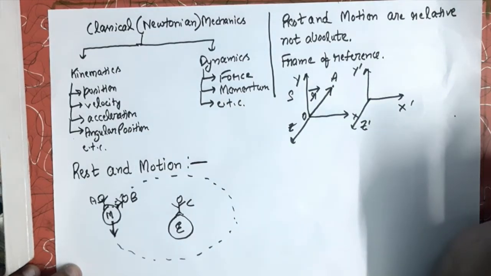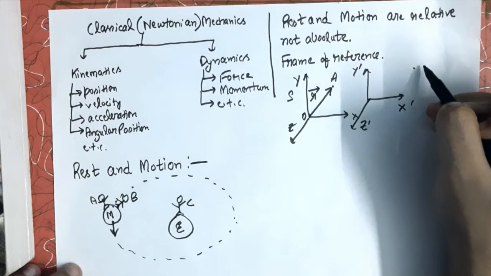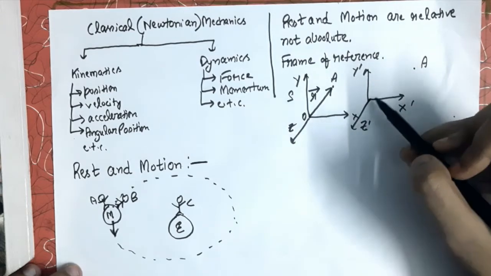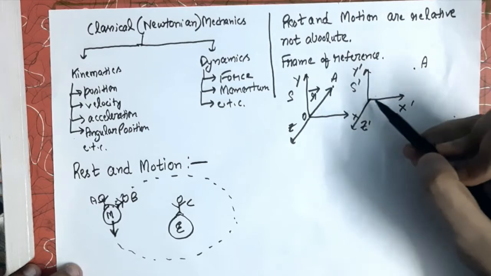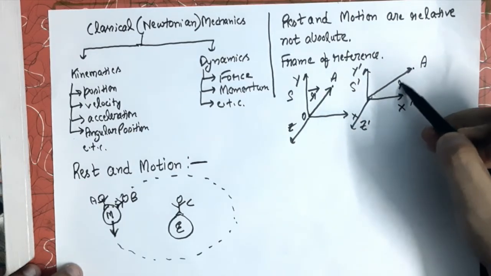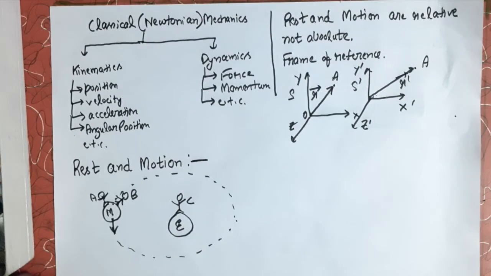Suppose this particle A is here with respect to this frame of reference S dash. So this is the r dash vector. You can see that with respect to different frames of reference, the position of the particle can change.